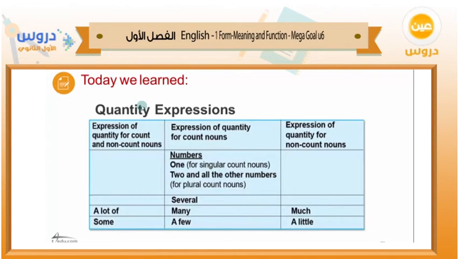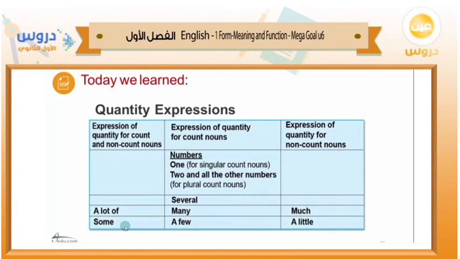And finally, we talked about the expressions of quantity. We use a lot of and some for both countable and non-countable nouns, like a lot of sugar and a lot of books. Sugar is uncountable, books is countable. We can say some sugar, some books.